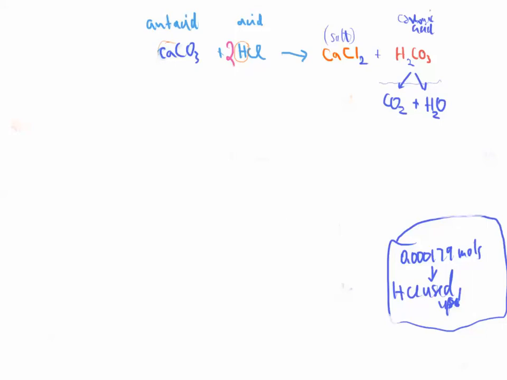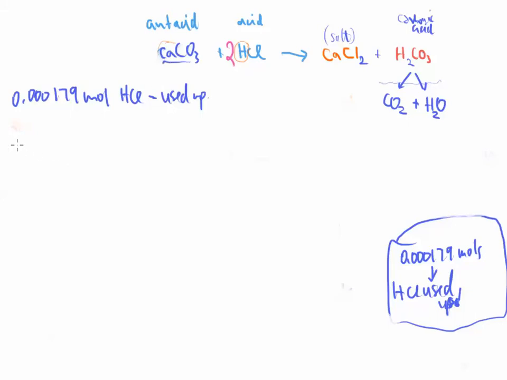And now I need to figure out how this relates to the amount of antacid that I have in my tablet. So 0.000179 moles of acid was used up. This is how many moles it took to neutralize my calcium carbonate.